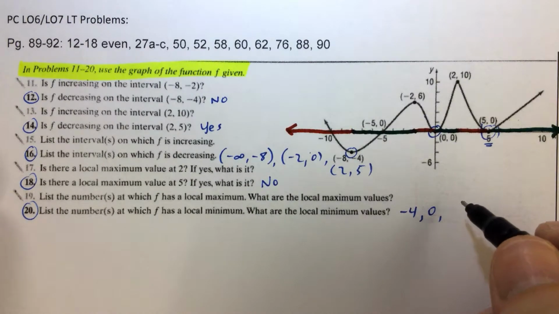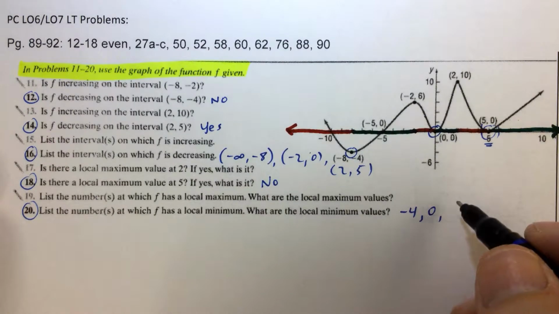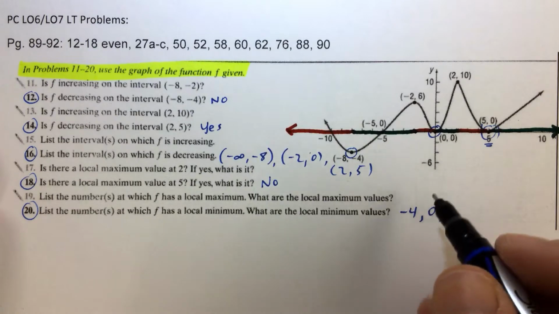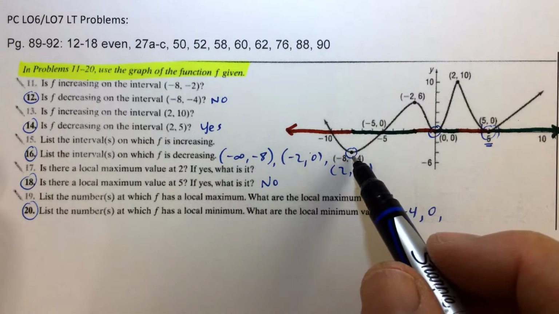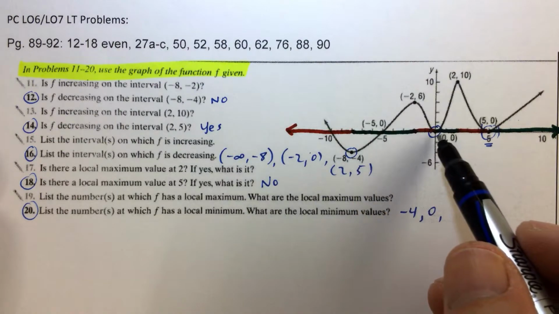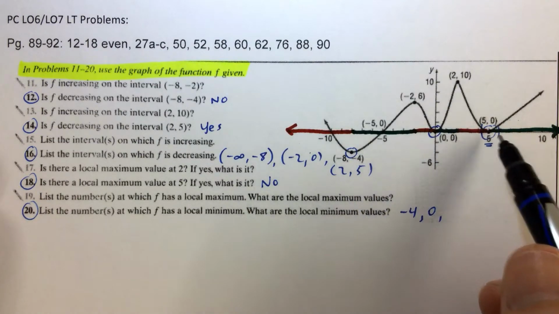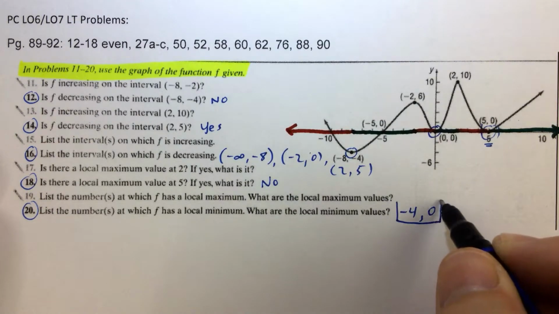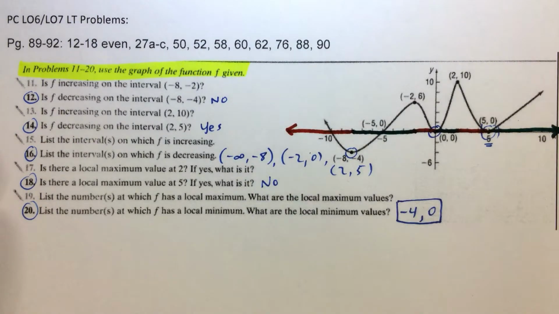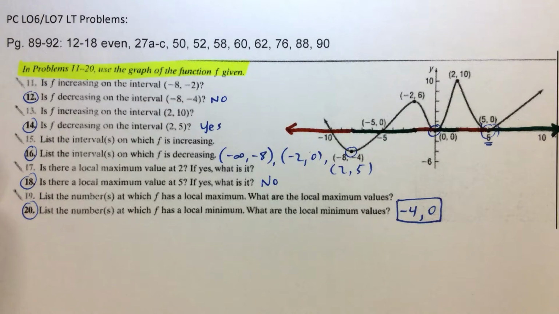So I guess we don't need to really list 0 again. So we have local minimum values of -4 and 0, and they happen at x equals -8, x equals 0, and x equals 5. So we can just put a box around that. Those are the two local minimum values.